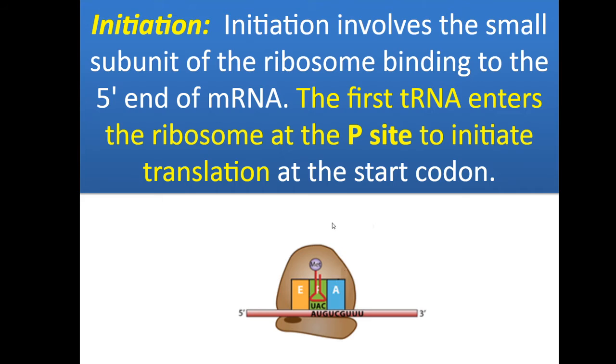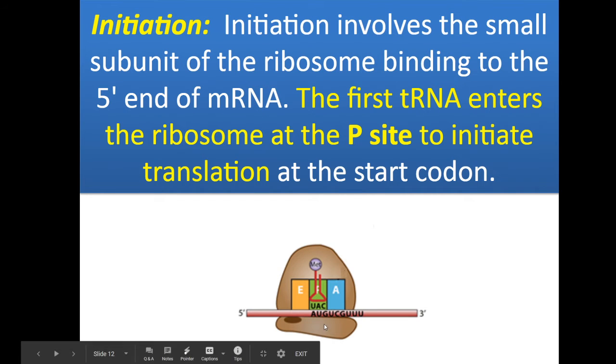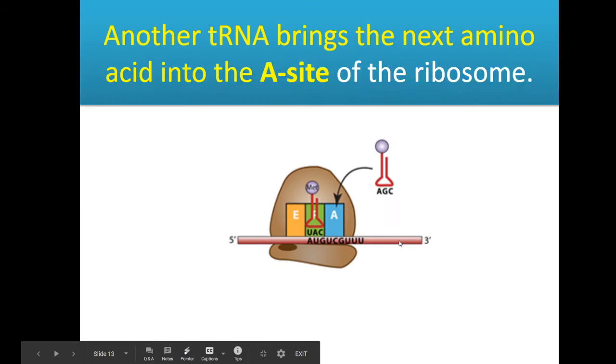So, kind of like everything else that we've had, we have our initiation, our elongation, and then our termination. This is no different. Initiation is going to start where the first transfer RNA that matches the start codon, AUG, takes place. That's going to land in the P subunit, and that's going to start the entire process going.